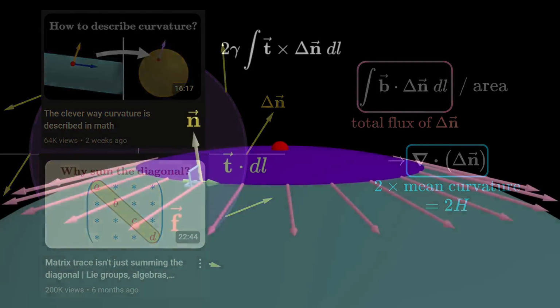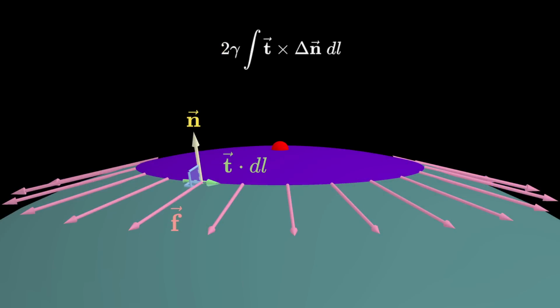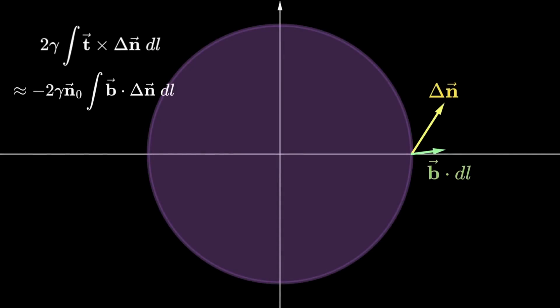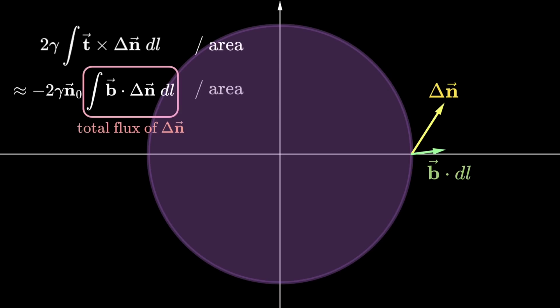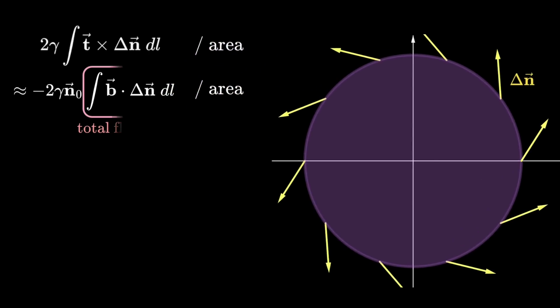Anyway, the whole story is to first compute the net force on a small piece of the surface, which can then be approximated with an integral that can be interpreted as the total flux of delta n across the boundary. When we finally divide by area to obtain the pressure at the point, we know that the flux per area tends to 2h, 2 times the mean curvature.